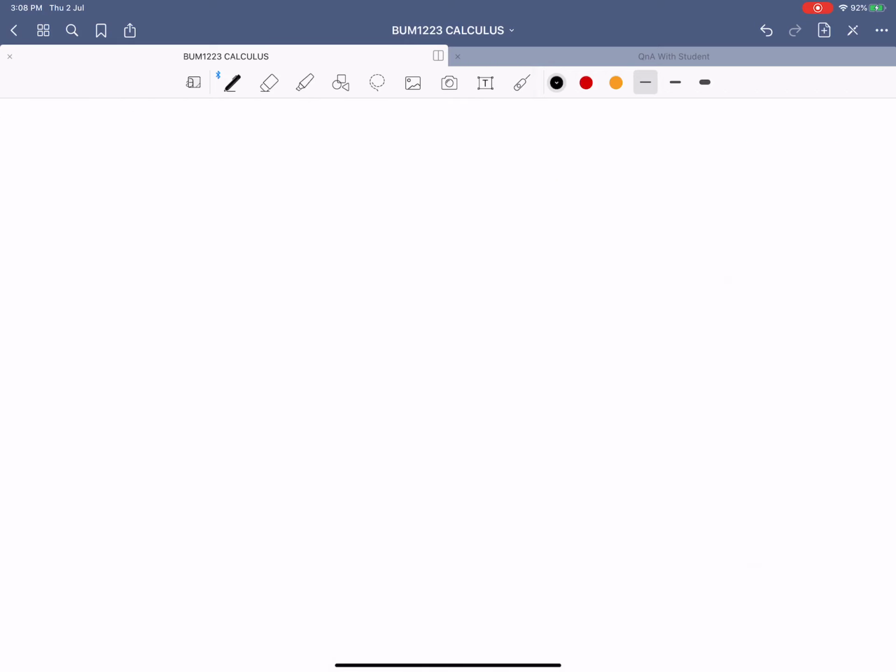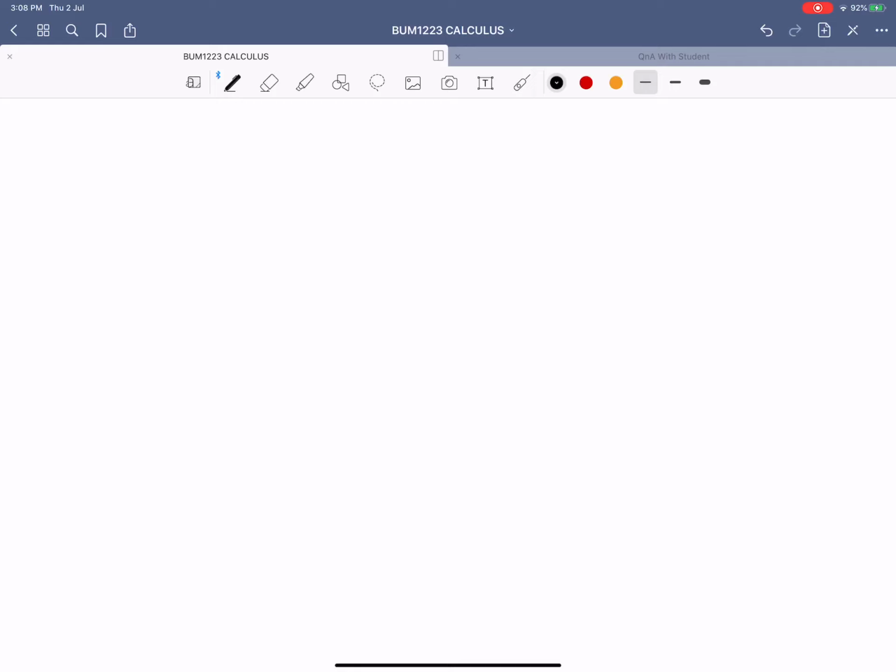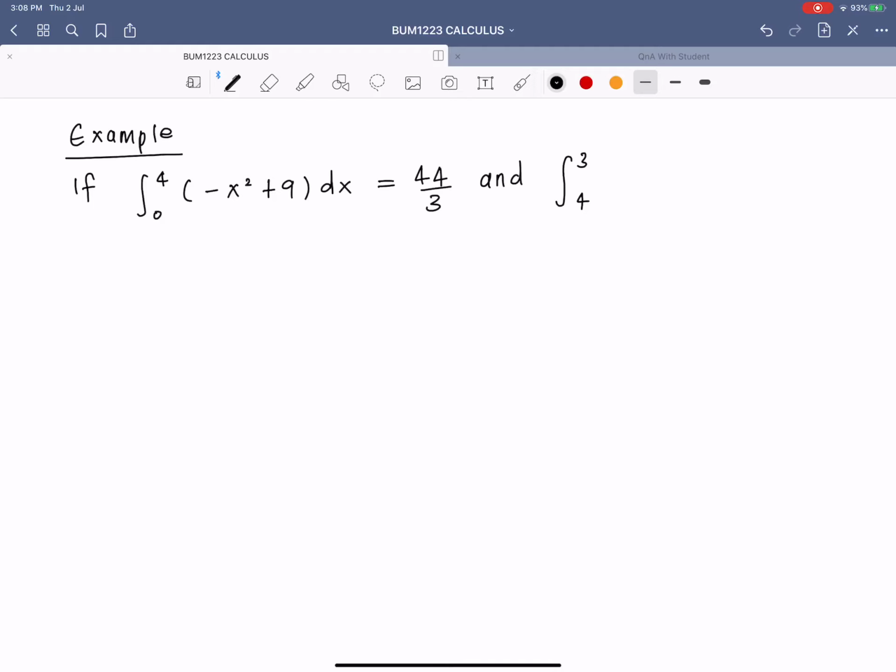Right, next example. If the integration from 0 to 4 of negative x squared plus 9 dx is equal to 44 over 3, and the integration from 4 to 3 of negative x squared plus 9 dx is equal to 10 over 3.